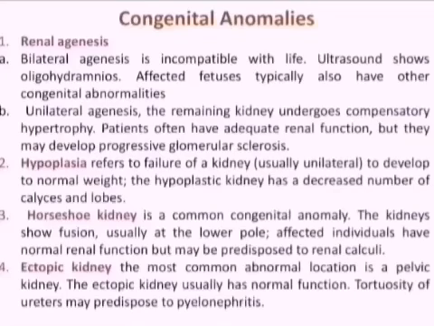Number 2 hypoplasia. اللي هي شنو الهايبوبلازيا؟ هي failure of the kidney to develop to a normal weight, to a normal size. The hypoplastic kidney has a decreased number of calyces and loops. يعني أقل من ال normal amount of calyces and loops.